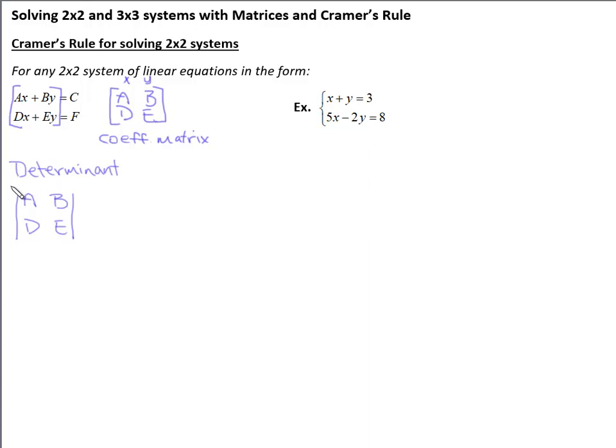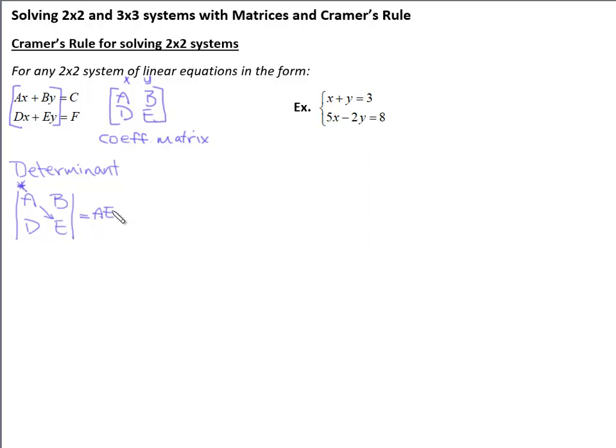So to find the determinant, we're going to do 2 things. We're going to multiply and subtract. Okay, and we start in the top left corner, kind of like you're reading a book. So we're going to start by taking our first diagonal, which is a and e, and multiply these together, so I get a times e.